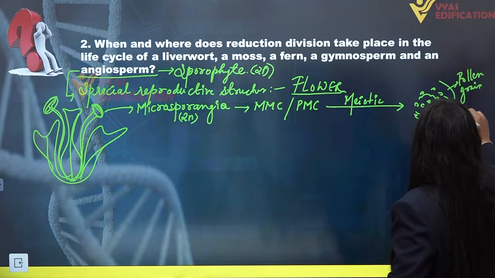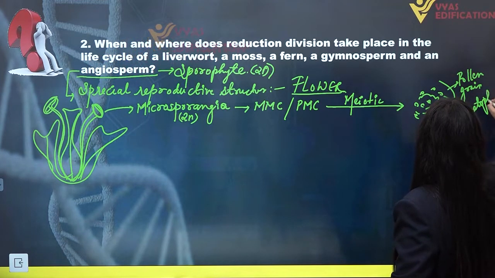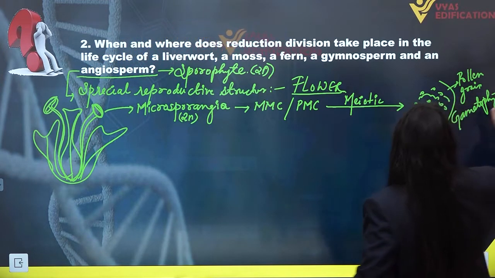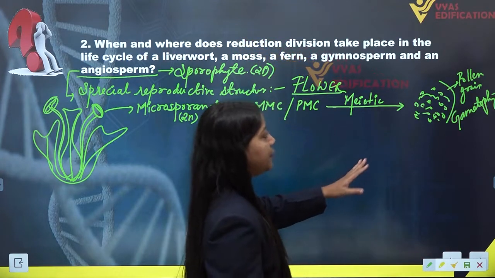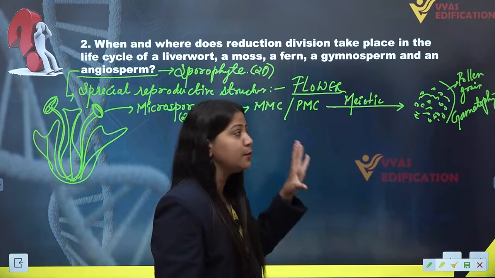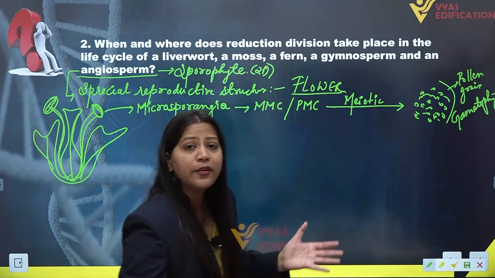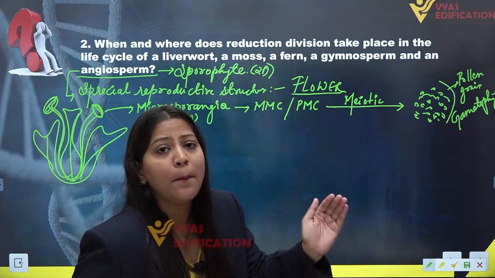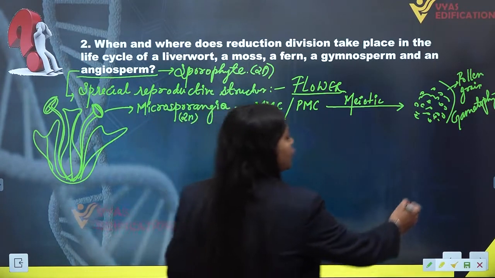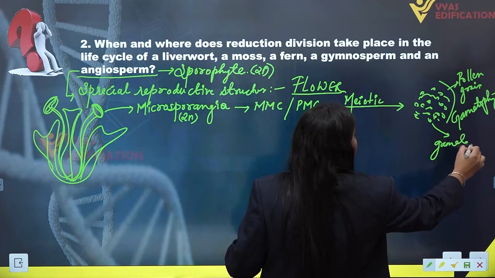So these are gametophytes. These gametophyte pollen grains of angiosperm contain two types of cells, that is vegetative cell and generative cell. Generative cell will give rise to two male gametes. So from here gametes will be received.